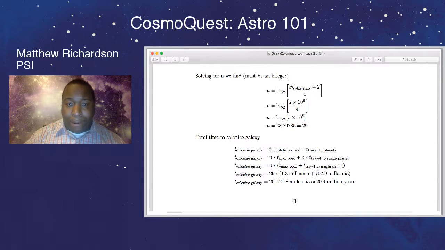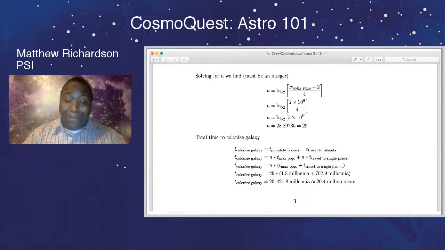You take our value n and multiply it times the amount of time it takes to travel between just two planets. And basically what you end up getting is that the total amount of time it takes to colonize the galaxy is something on the order of a couple tens of millions of years. So 20.4 million years for this calculation.